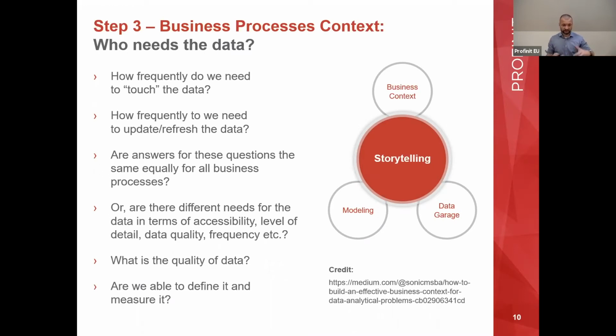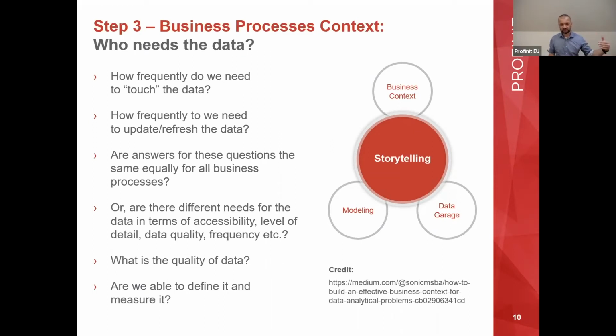For example, customer servicing is one example of a process. Accounting closure at the end of the year is a different process. So we should have a list of these important processes for which our data is to be used, and which processes the data serves. And of course, there will be different requirements from different processes.